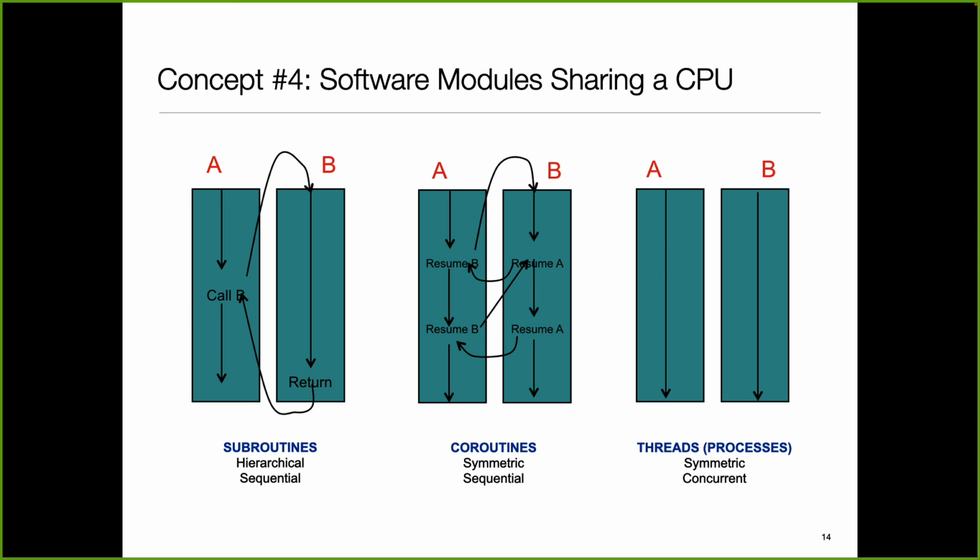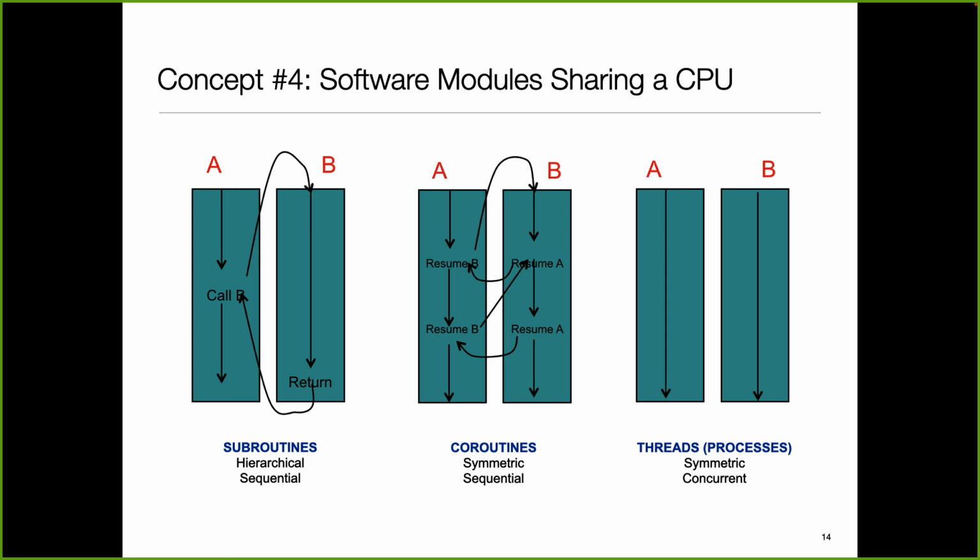In the subroutine, whenever A calls B, B has to finish and then we return to A. Next time A calls B, again we will start from the very beginning of B. We always enter B at the top.